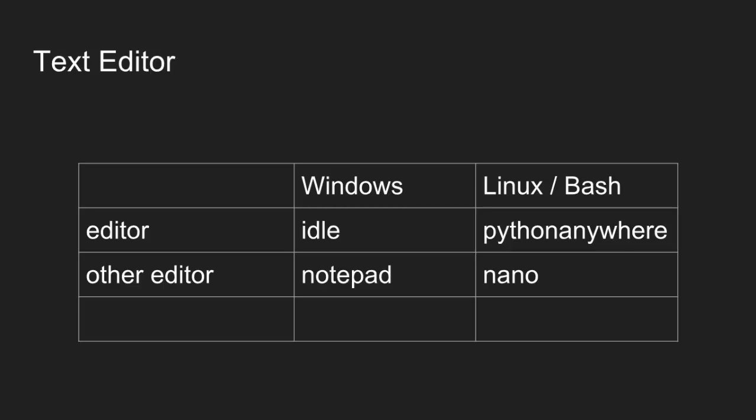Next, let's consider text editors. When we're working in the Windows environment, which we've downloaded, there is a utility that comes with Python called IDLE. We'll be using that text editor to write and change our code in the Windows environment. An alternate editor we can use is standard Notepad.